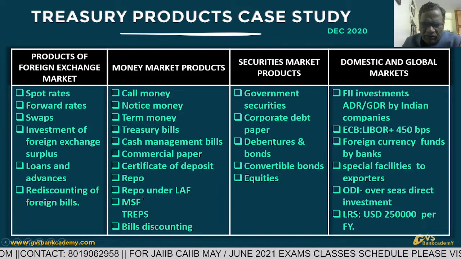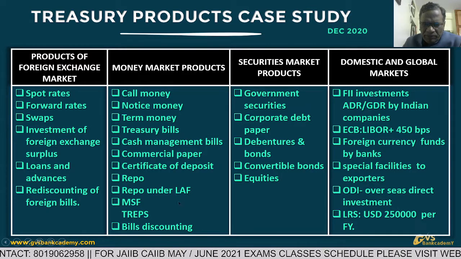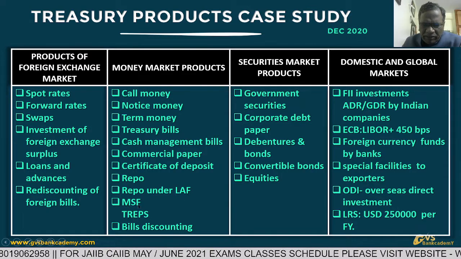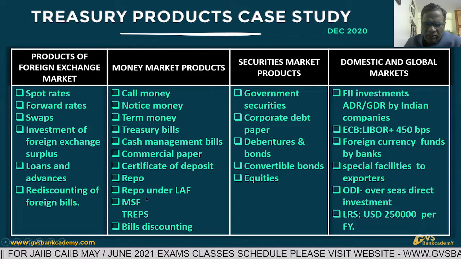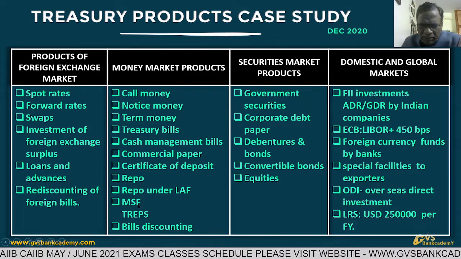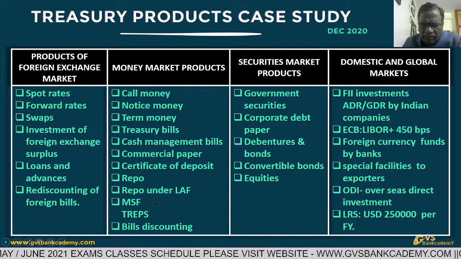The rate of interest on reverse repo is presently 3.35%. MSF, marginal standing facility: emergency borrowing, intraday liquidity borrowing from RBI against SLR securities. Presently, banks are allowed to borrow under MSF up to 3% of their net demand and time liabilities.